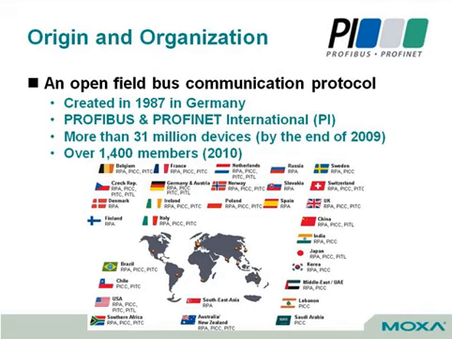PROFIBUS and PROFINET International (PI) were then established to maintain and publish PROFIBUS and PROFINET protocols. Eventually, PROFIBUS became a widely accepted protocol. According to the statistics, more than 31 million devices were using PROFIBUS by the end of year 2009.